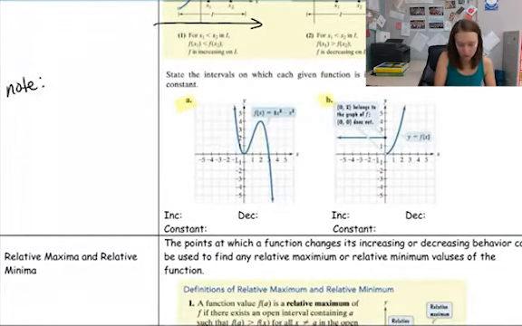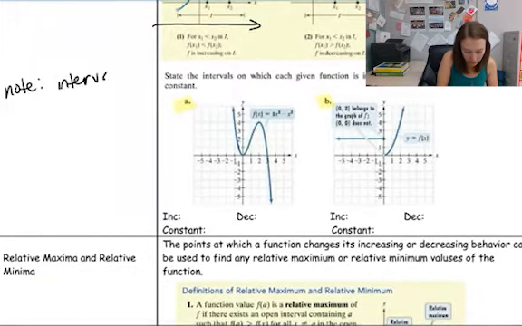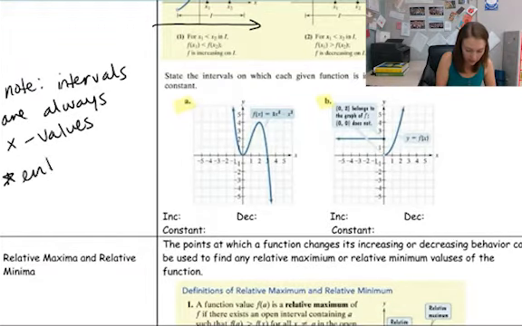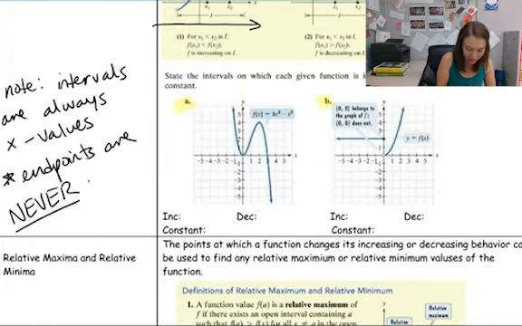A couple things to note with these intervals. Intervals are always x values, or values from our domain, and endpoints are never included.